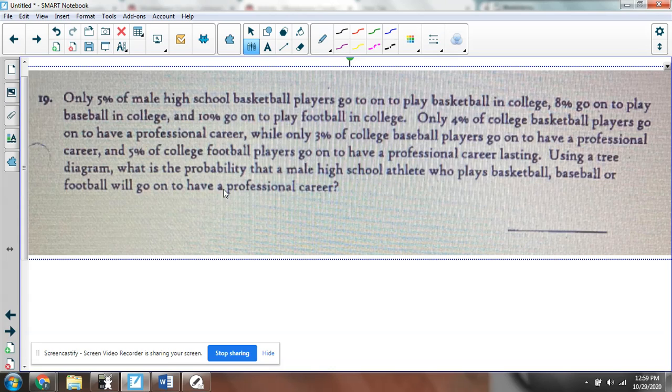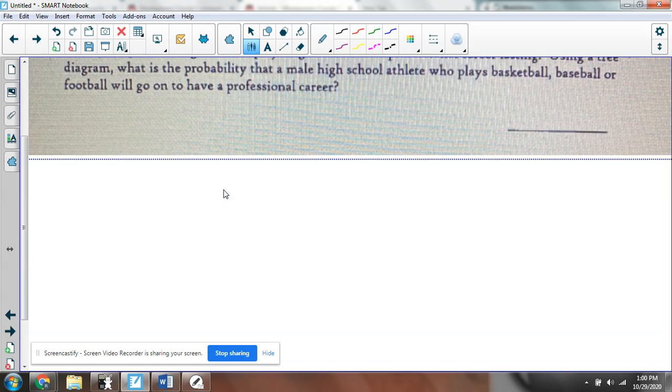I'm sorry, my eyes are crossing out. 8% go on to play baseball in college, and 10% go on to play football in college. Only 4% of college basketball players go on to have a professional career, while only 3% of baseball players go on to have a professional career, and 5% of college football players go on to have a professional career. Using a tree diagram, what is the probability that a male high school athlete who plays basketball, baseball, or football will go on to have a professional career?